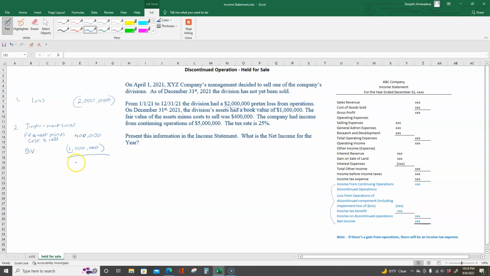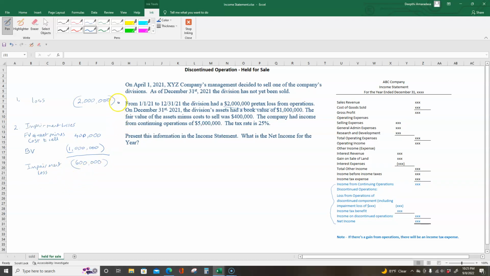Now this happens to be a negative number of 600,000. So we have to include this impairment loss. Therefore, the total loss from discontinued operations, including the impairment loss, is $2,600,000.